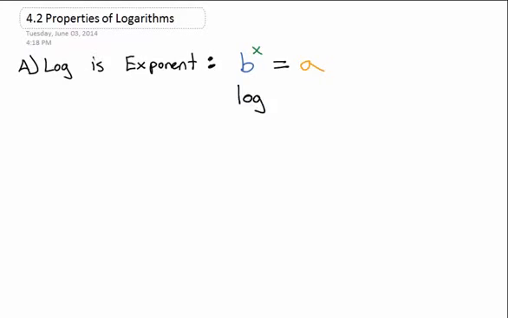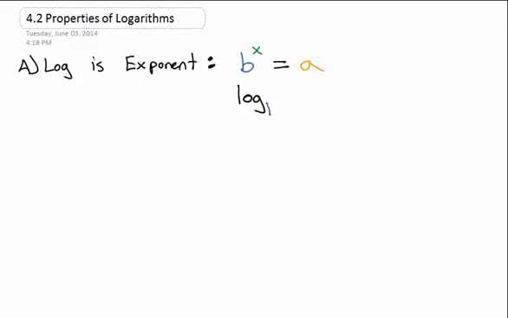So to start off with, we're going to look at the definition of exactly what a logarithm is. A log is an exponent. Simply put, it's how we solve for the exponent. If we've got some type of base raised to some exponent that is equal to some type of answer, we can rewrite this problem, exactly the same problem, using what's called a log.